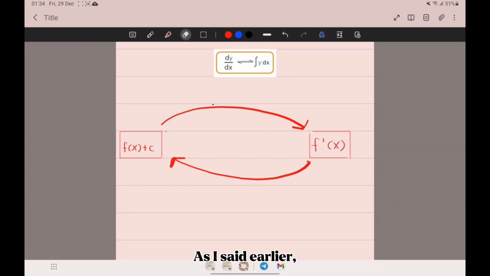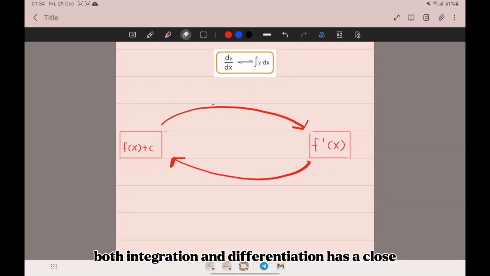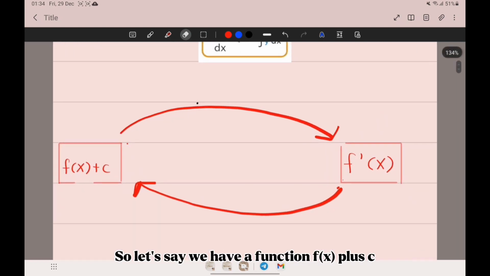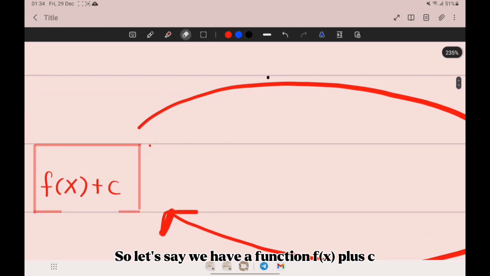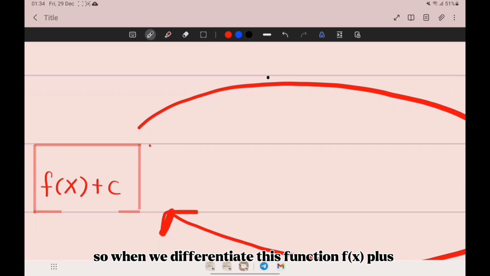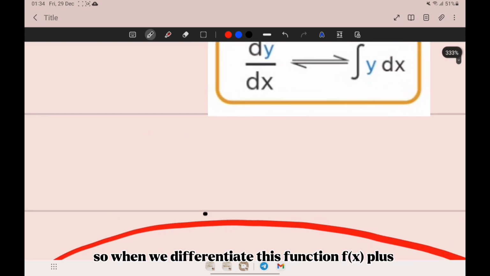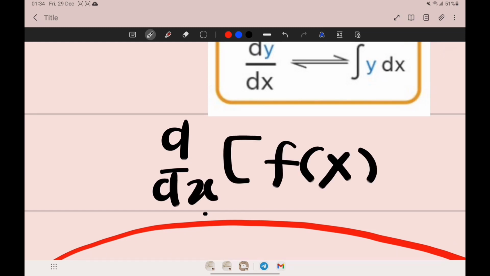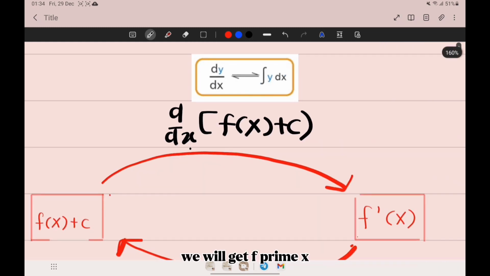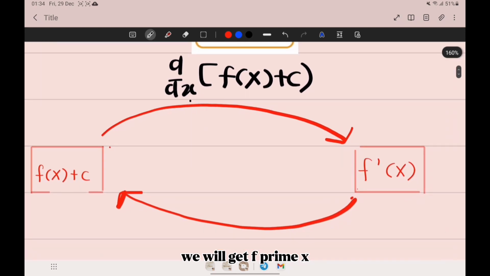As I said earlier, both integration and differentiation have a close relationship with each other. So let's say we have a function f(x) plus c. When we differentiate this function f(x) plus c, we will get f prime x.